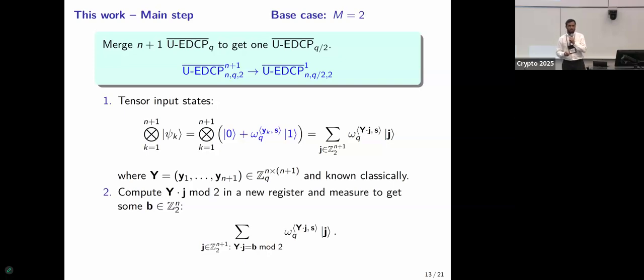So the next thing we do is we compute this Y times J mod 2 in a new register, and we measure it. Once we compute Y times J mod 2 and measure it, our J will be restricted to only the solutions of this system of linear equations.